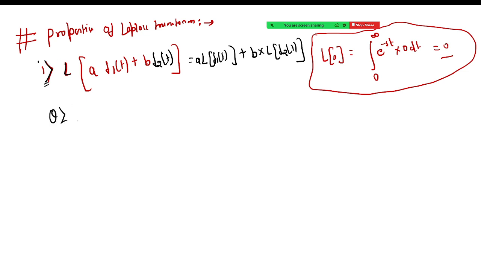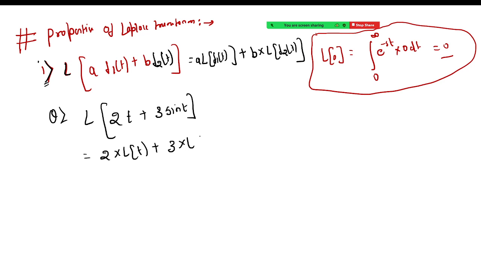Let's say the question is, if someone is asking Laplace transformation of 2 cos t plus 3 sin t. So you just have to understand 2 into Laplace transform of cos t plus 3 into Laplace transform of sin t.